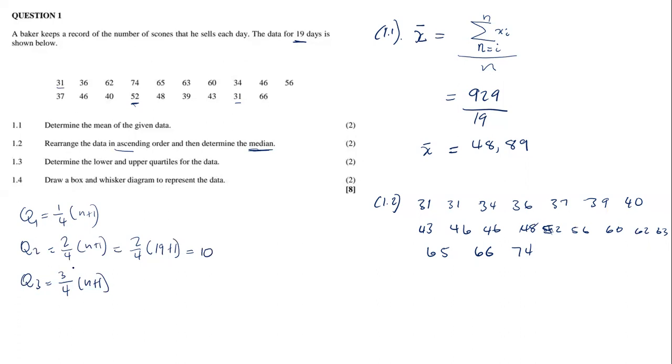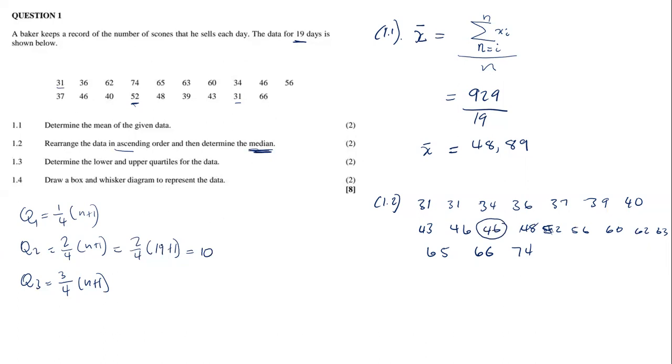They help you determine the position of your quartiles. So what is the position of Q2? It's position number 10. You go to your data and count 10, because they're in ascending order: 1, 2, 3, 4, 5, 6, 7, 8, 9, and 10. That means this will be your median term.